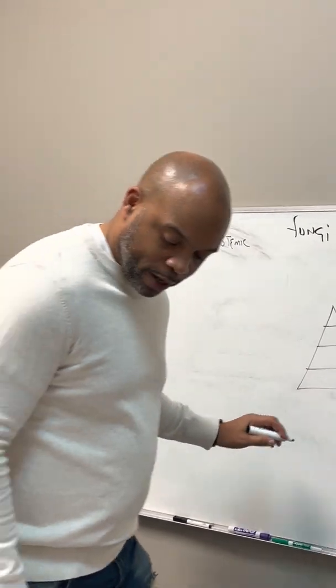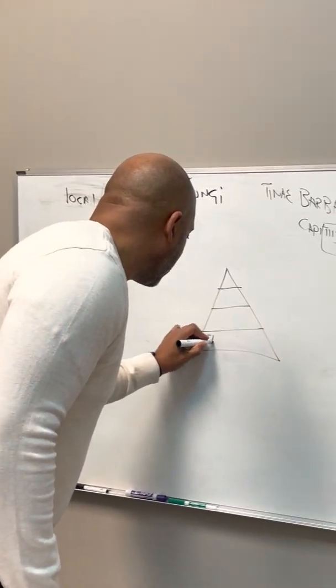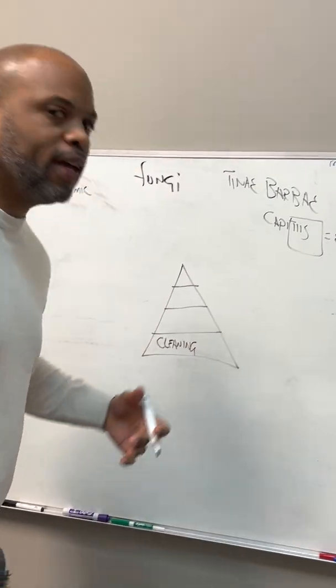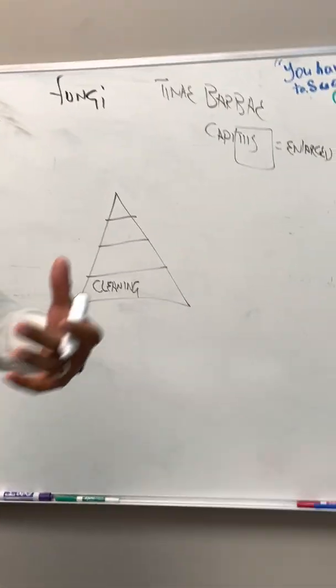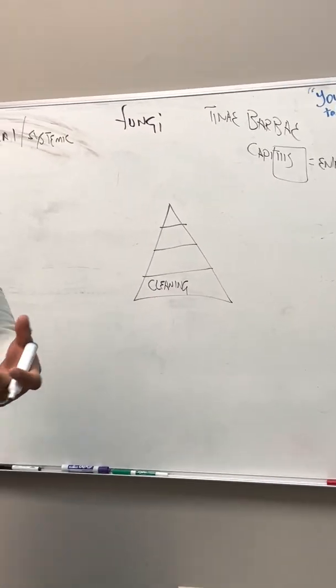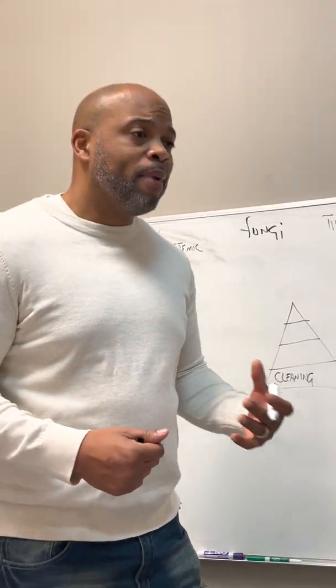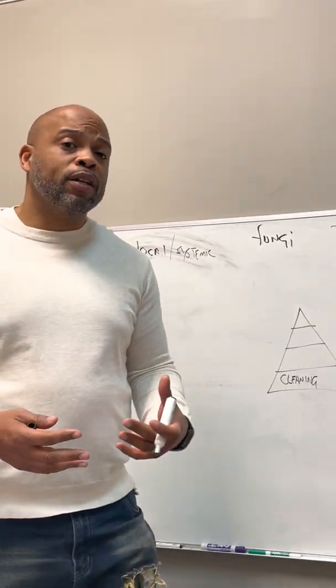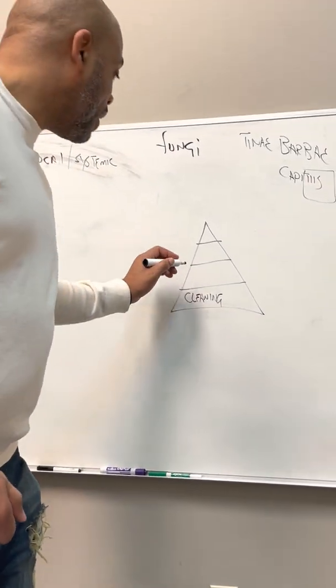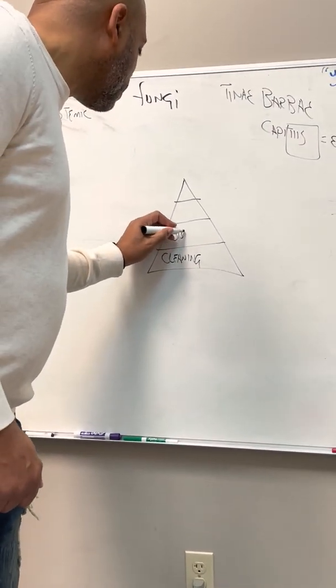At the bottom of this pyramid, we would have cleaning. Cleaning is the most basic form of infection control that we do in the barbershop. Cleaning is basically removing dirt and debris from your implements. Okay, the next step is disinfecting.